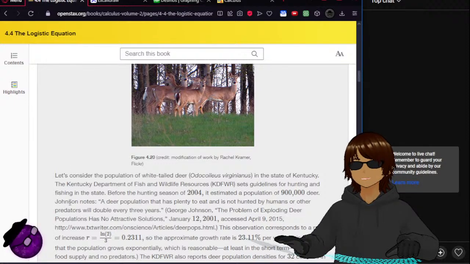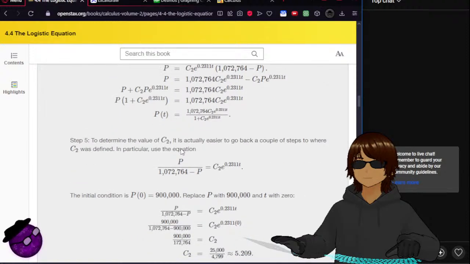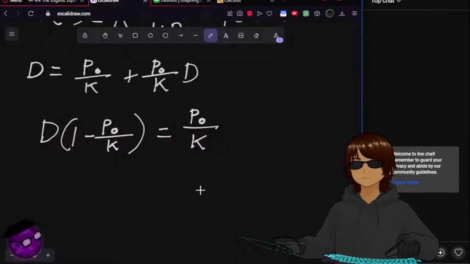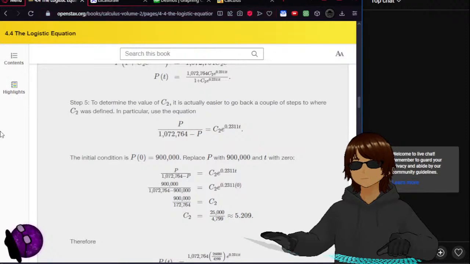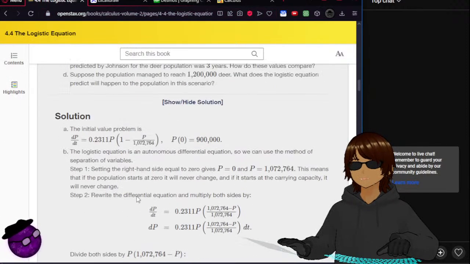Is this correct? Yes. Therefore, t is approximately equal to this. Now what?